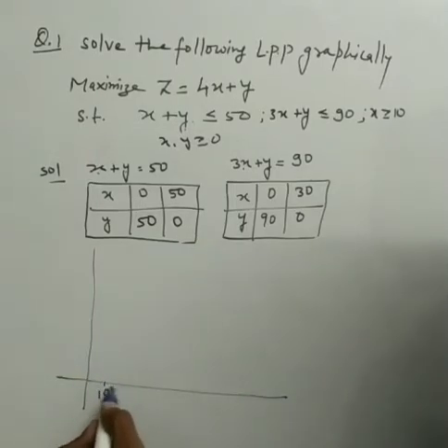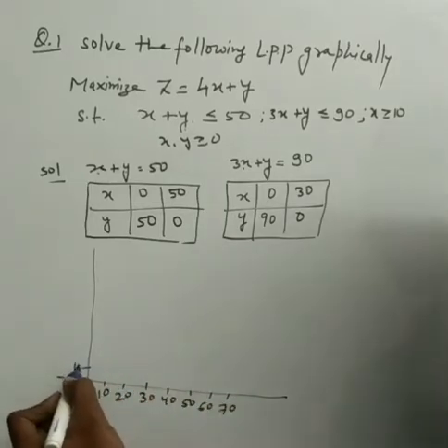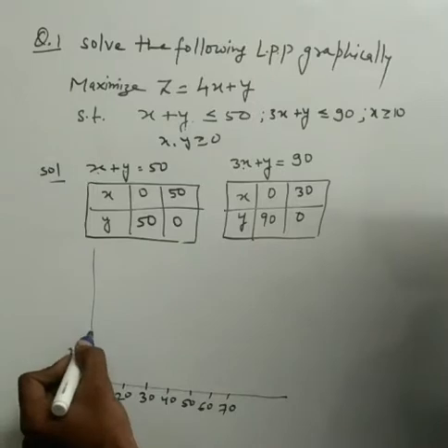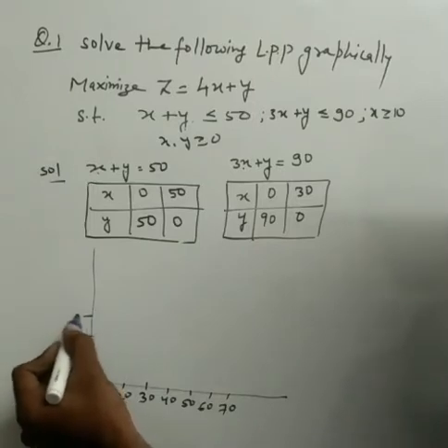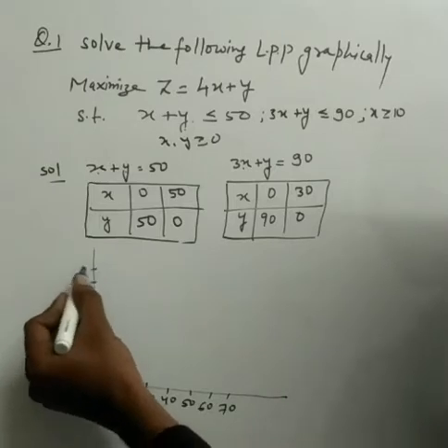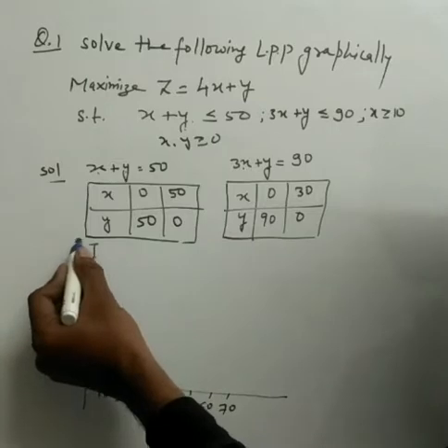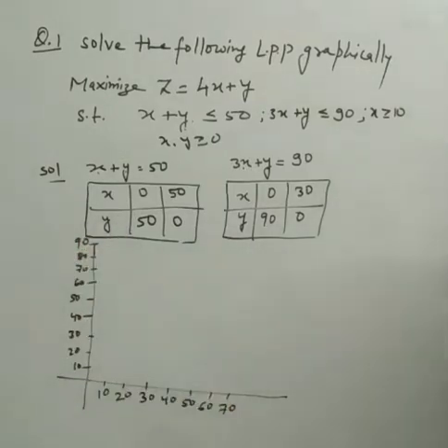Here it is 10, 20, 30, 40, 50, 60, 70 and so on, and on the other axis 10, 20, 30, 40, 50, 60, 70, 80, 90 and so on.